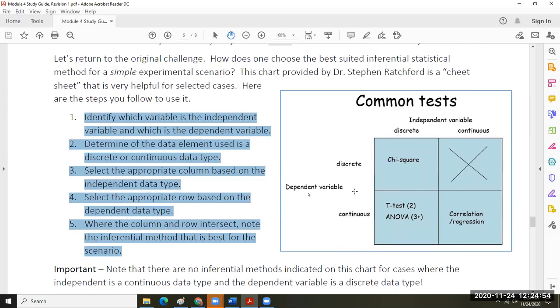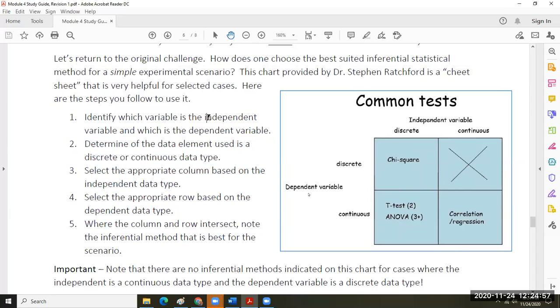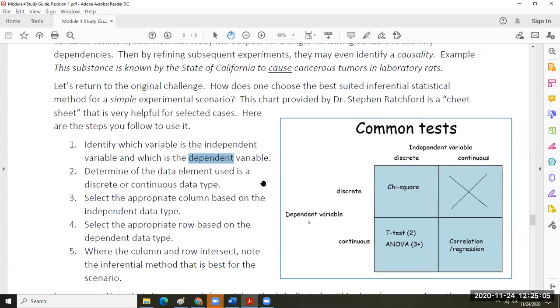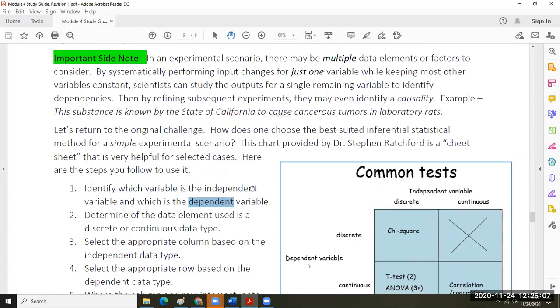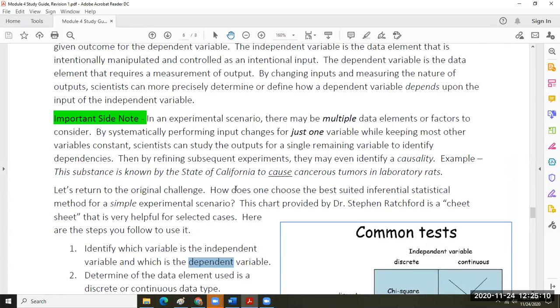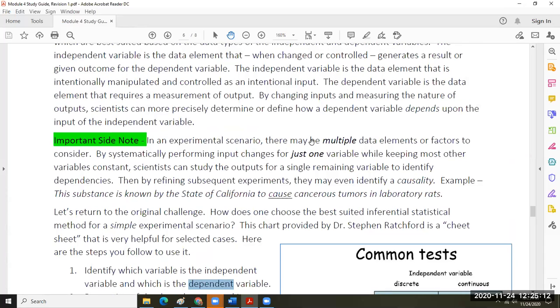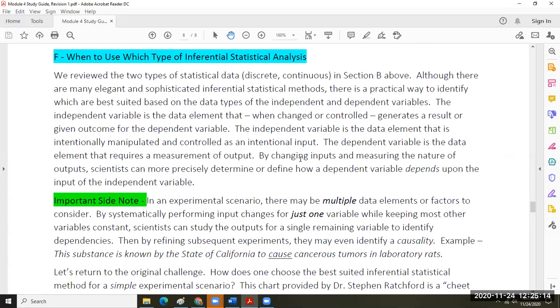So one of the things you have to do is identify which variable is independent and which one is dependent based on your experimental design. And I actually go to the trouble of explaining independent variables. So the word dependent, if you can remember, it's hard to keep those straight.